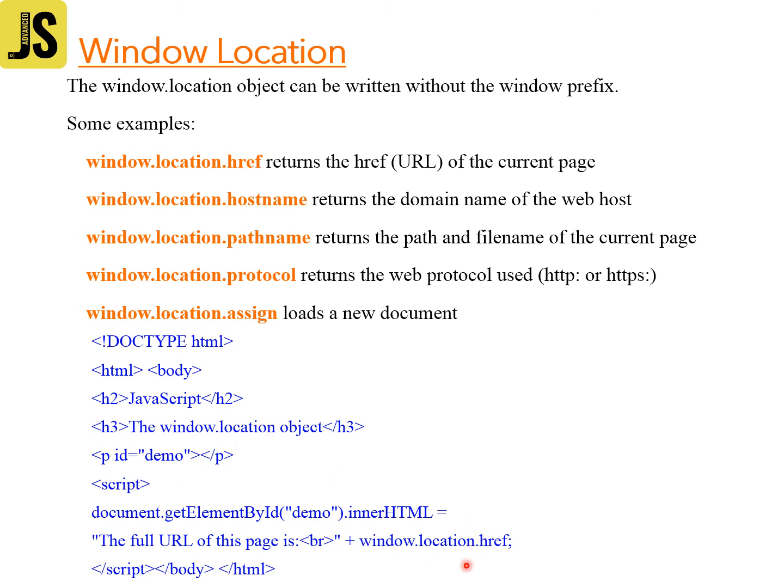So on whichever page the corresponding code is executed, that web page's complete URL is displayed. This is window location.